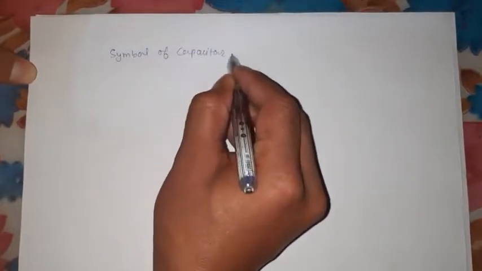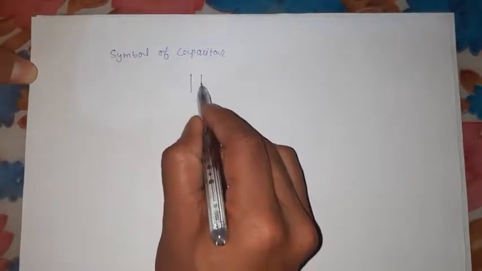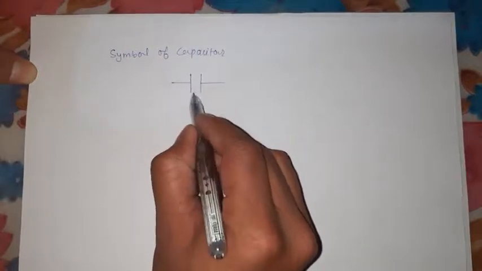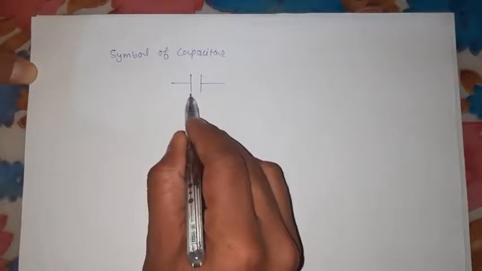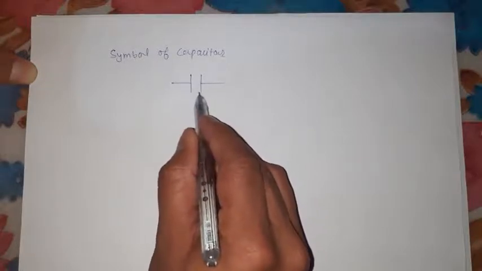Now students, how can we show this capacitor in our diagram? I'm taking this one as the first symbol of a capacitor. These capacitors have two conducting plates which are separated from each other by a gap. Here is the first conductor and the second conductor, both separated by a gap of insulating medium.